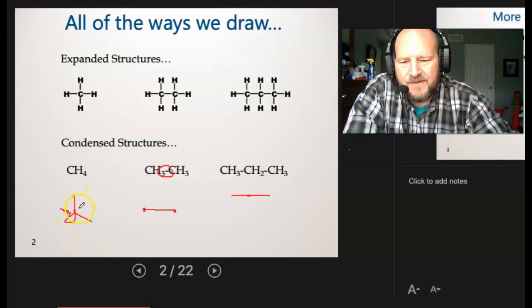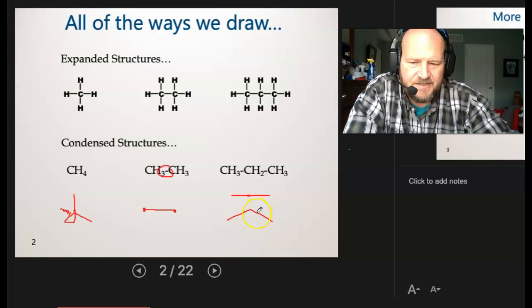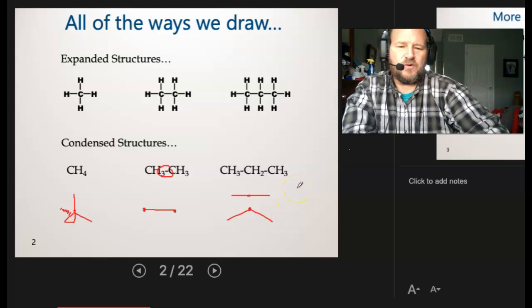So if you think about it though, these 2 that are in the plane, they make that angle there. And that's what we'll do here. So if I want to look at propane, I'll draw something sort of like that. And now whenever that line segment turns and it has a bend to it, that bend represents a carbon as well. So there's the 3 different ways that we'll draw organic structures.